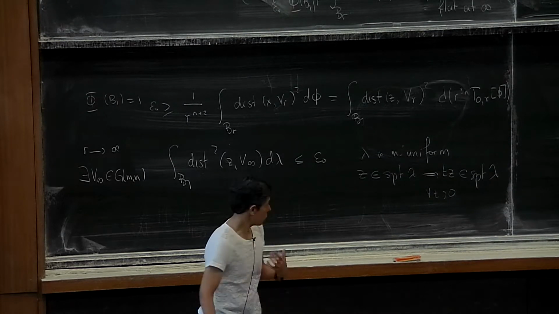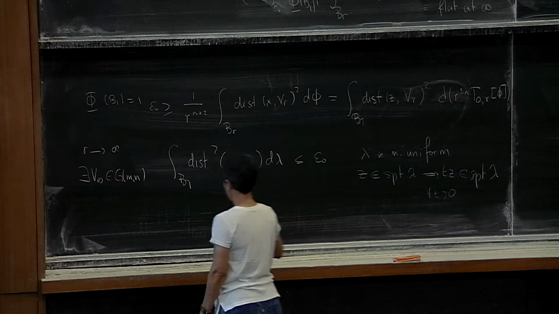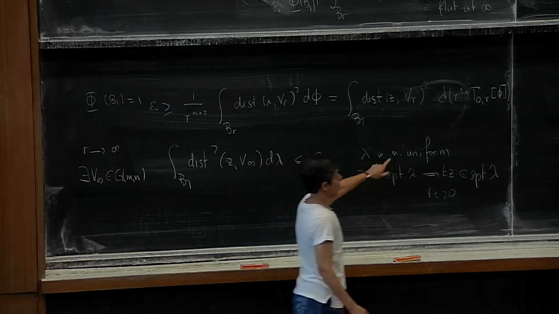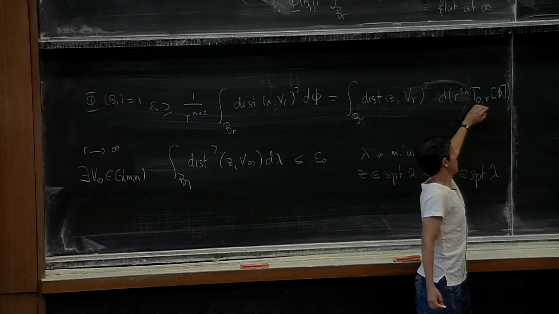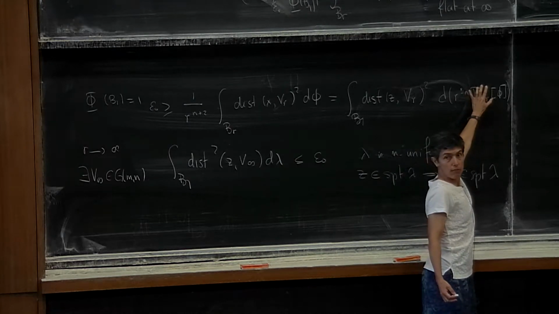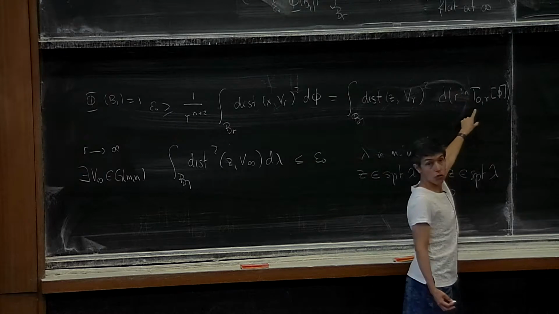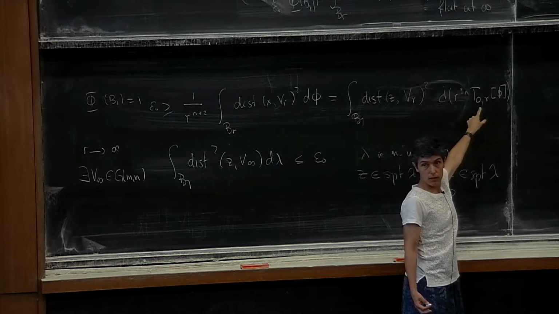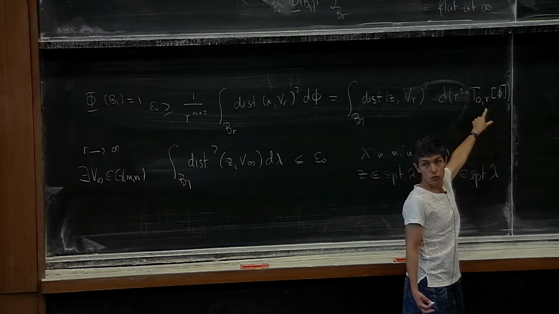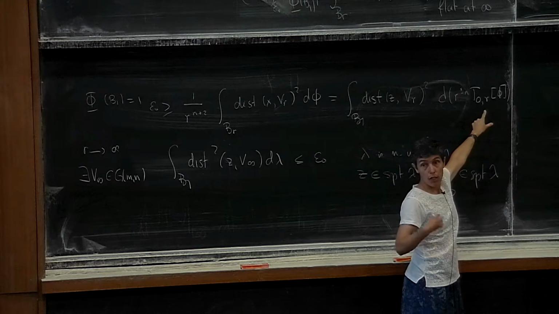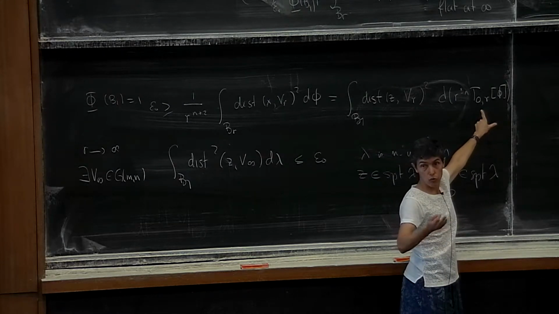The cheap explanation is that you agree this one, phi, is a uniform measure. This one is also a uniform measure. Let R go to infinity.